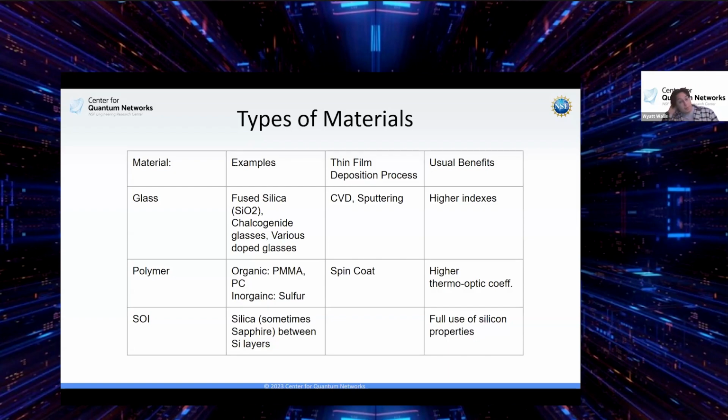As you can see, the box is blank when it comes to the deposition process, and that's because there are several different ways that you can make these. For instance, one of them is you go through a process that essentially oxidizes a chunk of a larger portion of silicon. Then that chunk that's oxidized is slowly thermally annealed, which leaves one oxide layer in the middle between two silicon layers.